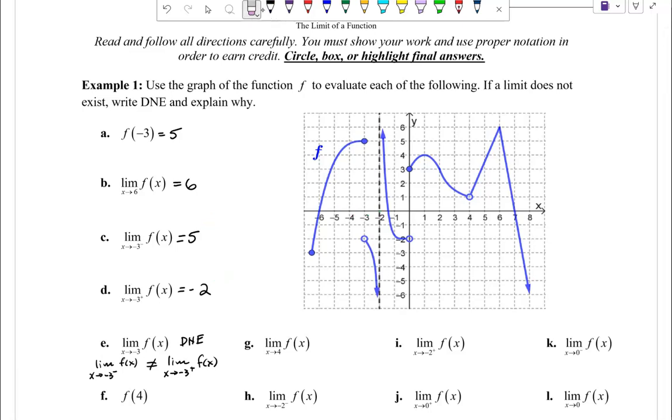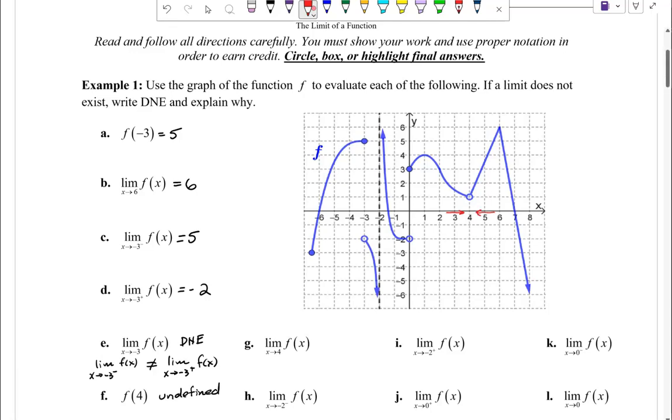Part F, f of 4. So if we look here at 4, we notice that the graph has a hole at 4, so our function is undefined there. Now we're going to look in part G at the two-sided limit of f of x as x approaches 4. In other words, we're approaching from this direction and that direction.